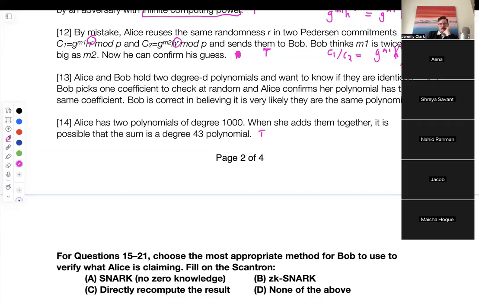Okay. And M1 is twice as big as M2. So 2M2 minus M2 equals.